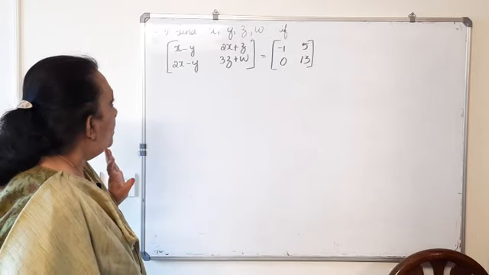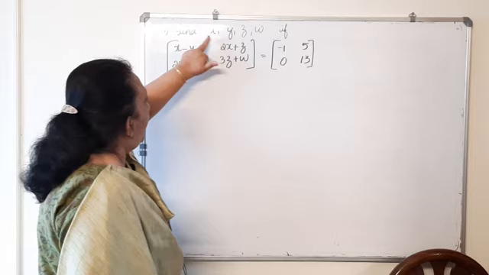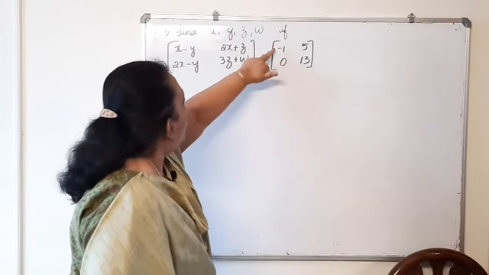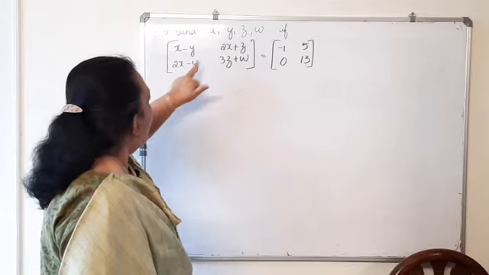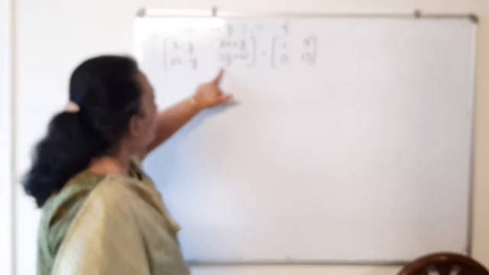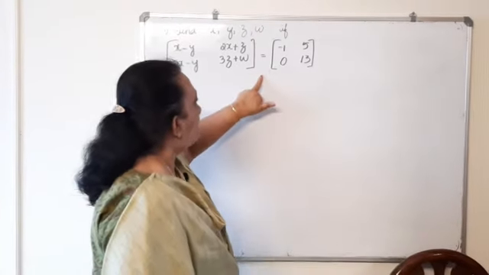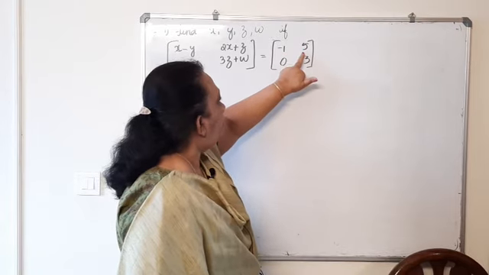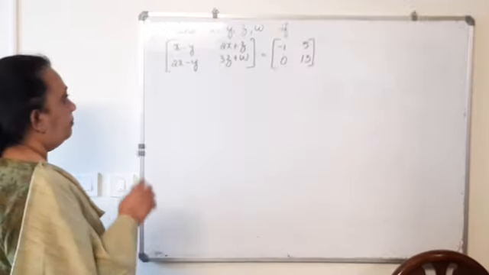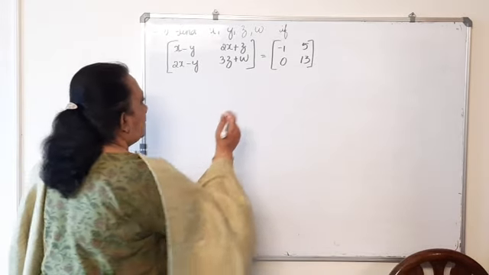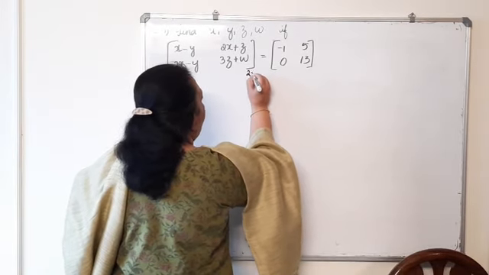Here, you can see: find x, y, z, w if the matrix [x minus y, 2x plus z; 2x minus y, 3z plus w] is equal to the matrix [minus 1, 5; 0, 13]. Now in this case the left hand side is a matrix and its order is 2 by 2.